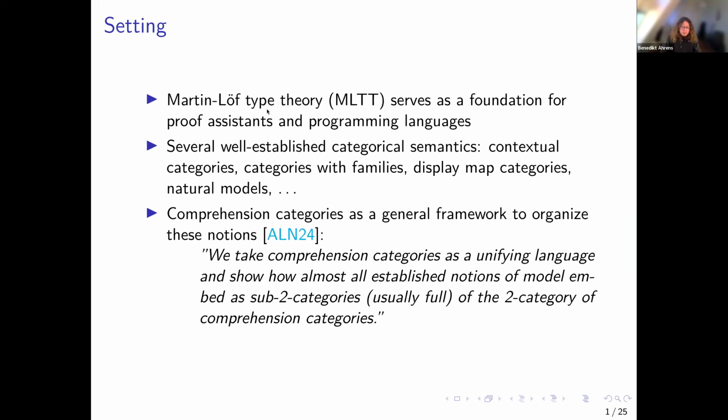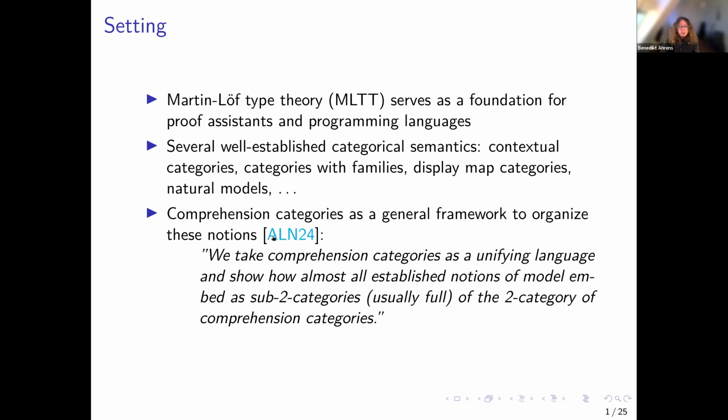And when we think about semantics for Martin-Löf type theory, there are several categorical notions like contextual categories, categories with families, display map categories, and so on, that have been used to give semantics to Martin-Löf type theory. Among these established notions, maybe the notion of comprehension category is important, as it subsumes the other notions in a very specific sense.